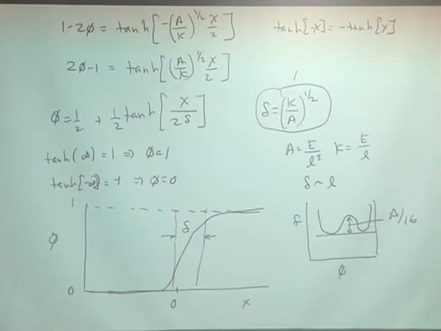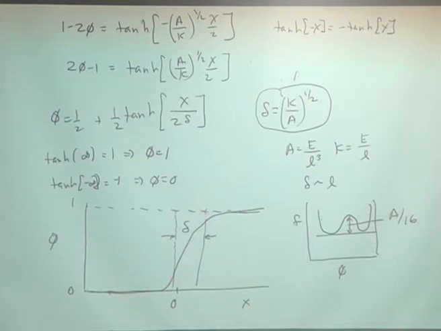If the energy required to go from one phase to another gets very, very small, that means that there's no energy cost on actually traversing the interface here. So as A goes to 0, delta goes to infinity, which means the interface gets infinitely long. By contrast, if K is very large, that means it costs energy to create gradients, and the system tries to minimize the amount of gradients, so you get a very steep profile in the middle.